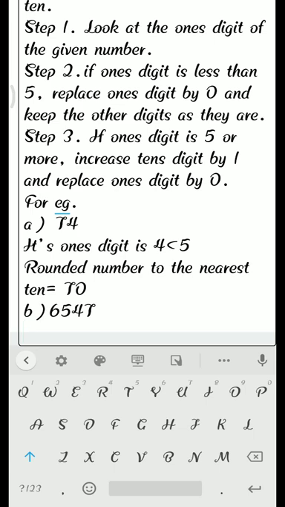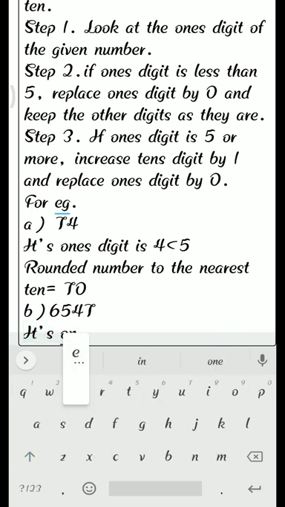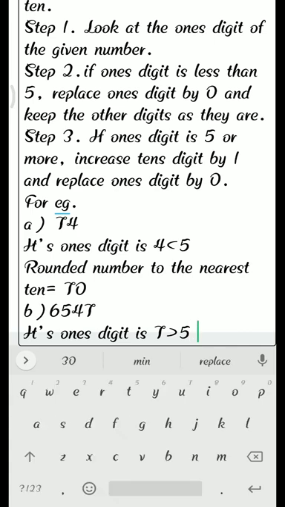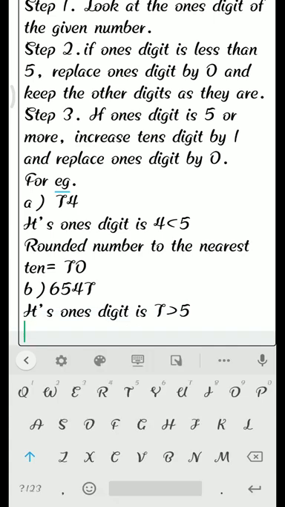So the ones digit is 7, which is more than 5. Whenever it's more than 5, we look at step 3. If the ones digit is 5 or more, increase the 10th digit by 1 and replace the ones digit by 0. That means at the 10th place we add a 1, and the number at the ones place will become 0.